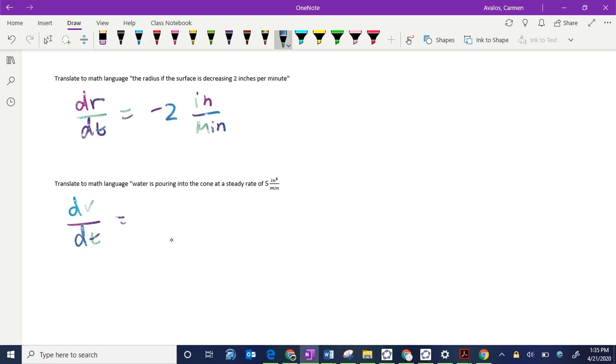And it's saying that the water is being poured, so the volume is increasing. Therefore, it's going to be a positive inches cubed per minute. So units have always been important, and they're more important now. Make sure that you look at the units to get some information and that they match. Okay, very good.